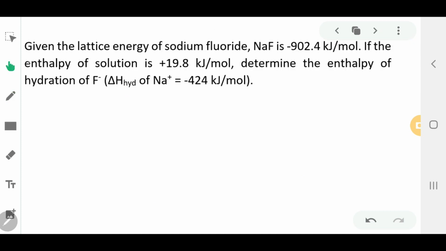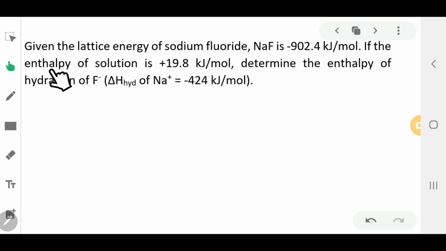Let's have a look at the second question. This one gives you the lattice energy of sodium fluoride, NaF, is negative 902.4 kilojoule per mole. And that is a very important information because you have a negative lattice energy. Therefore, this one will be lattice energy formation, okay, not dissociation.